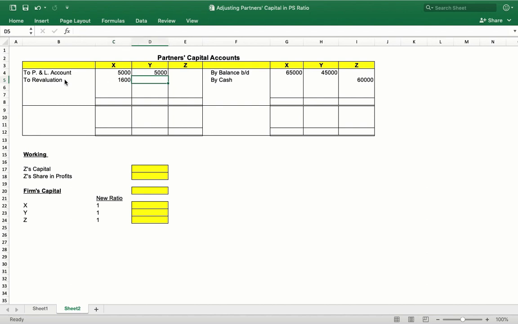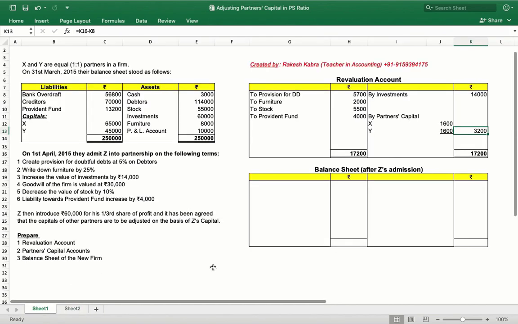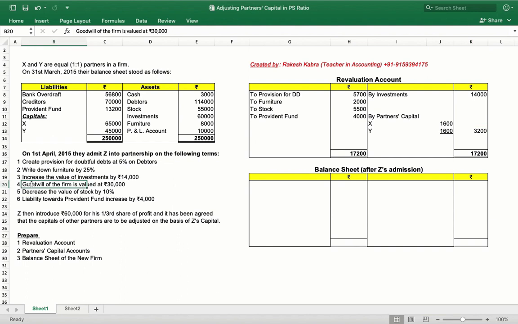So X will bear 1600 and Y will also bear the same amount, 1600, as they were equal partners. Now once this is done, we need to solve the goodwill point.